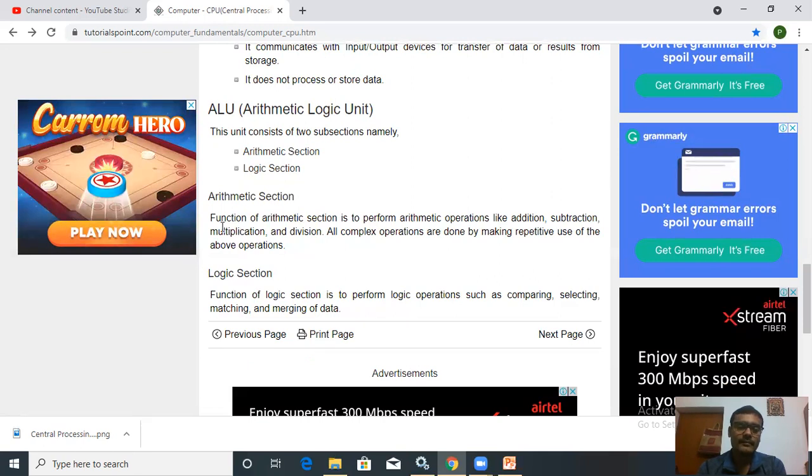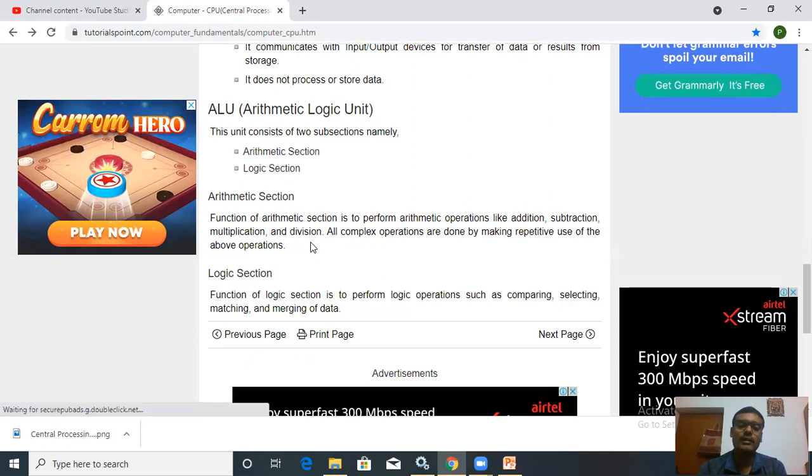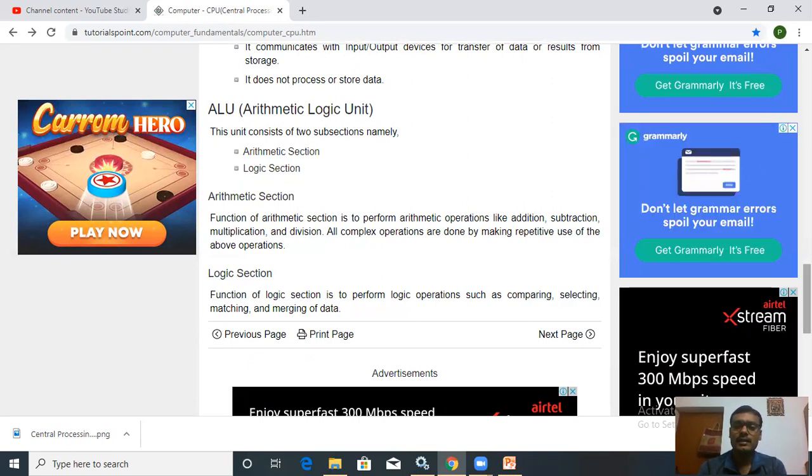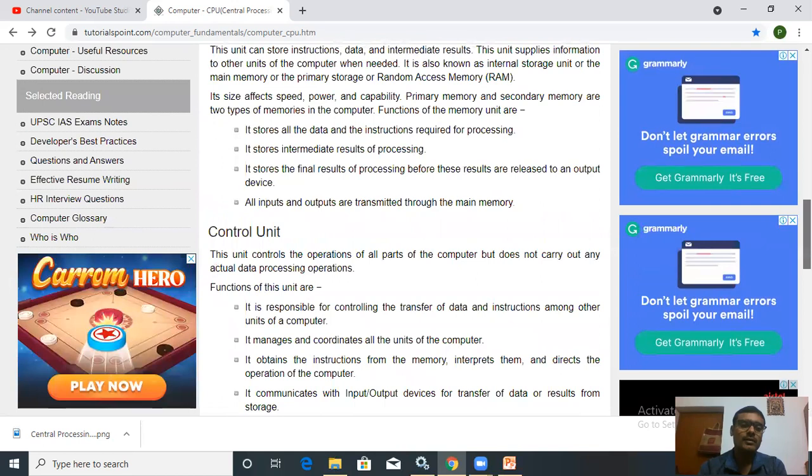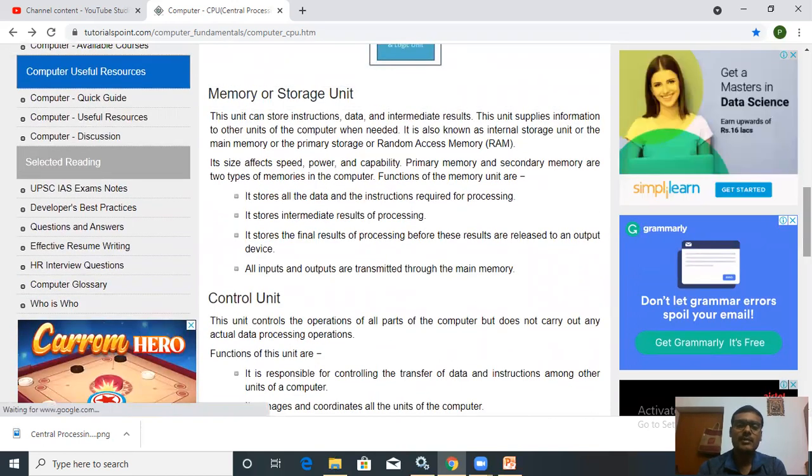The function of the arithmetic section is to perform arithmetic operations like addition, subtraction, multiplication, and division. It is also able to take logical decisions, whether a condition is true or false. So these are the components by which the CPU works.